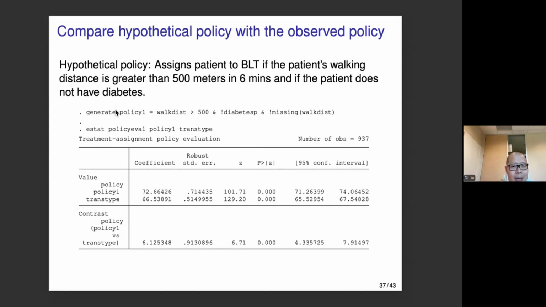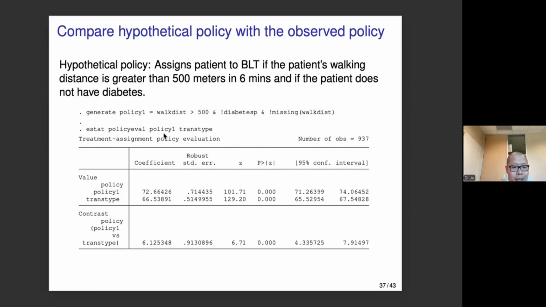Now suppose we have this hypothetical policy. We assign a patient to bilateral lung transplant if the patient's walking distance is greater than 500 meters in 6 minutes, and if the patient does not have diabetes. These are very simple rules. And then we evaluate these two policies.